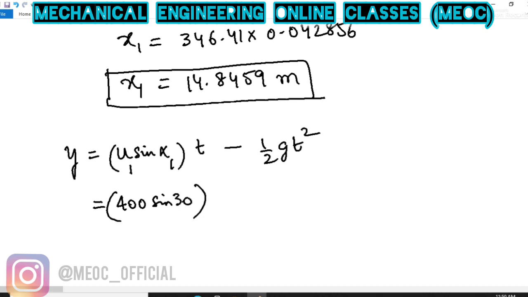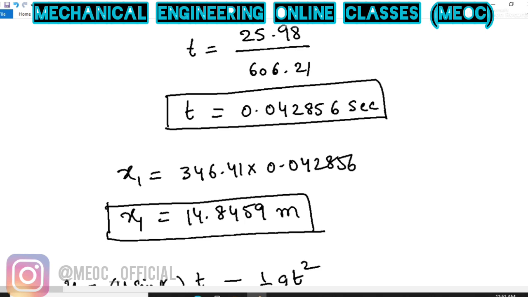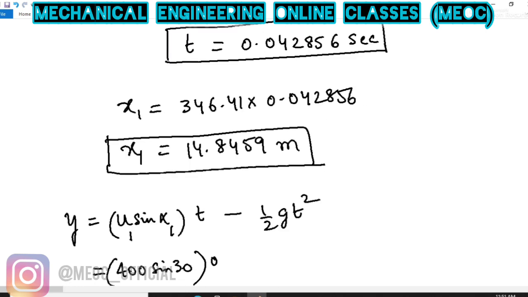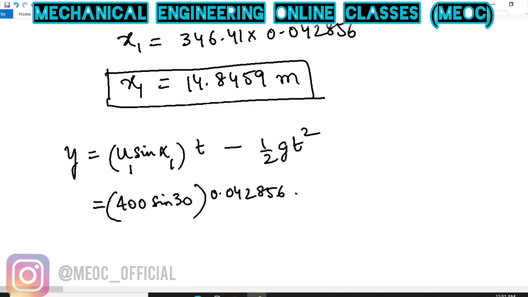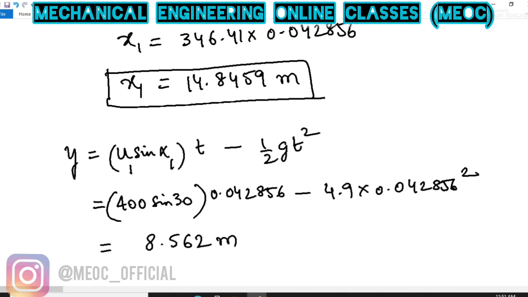So this is multiplied by t. Value of t is 0.042856 minus 9.8 by 2. I'm roughly writing it as 4.9. I've taken 9.8. So this is multiplied by again t square, 0.042856 square. So if you solve this problem, we will be getting 8.562 meters. This is the value of y.